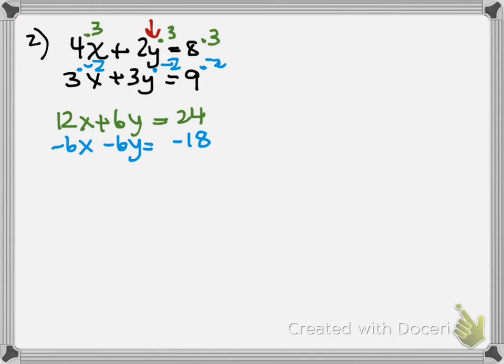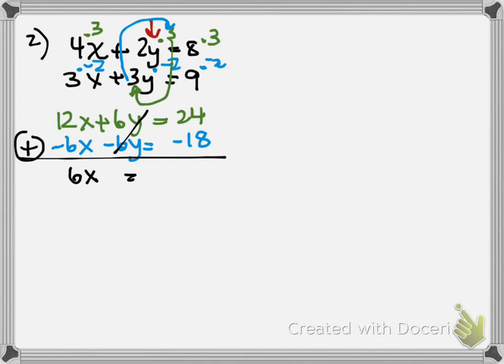So what I ended up doing is multiplying the top equation by the coefficient of the bottom, and multiplying the bottom equation by the coefficient from the top. So that tends to be how we end up solving this problem. Now we've created the best case scenario, and we can add. So we get 6x, my y's eliminate, equals 6, divide by 6, and we get x equals 1.